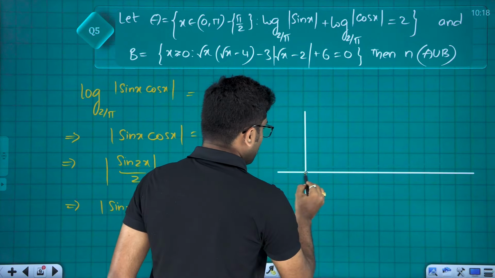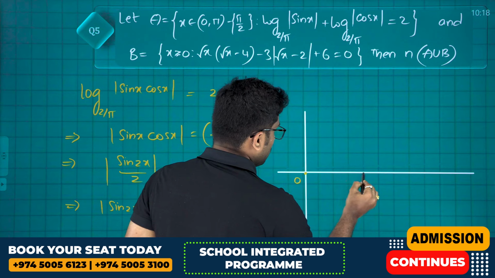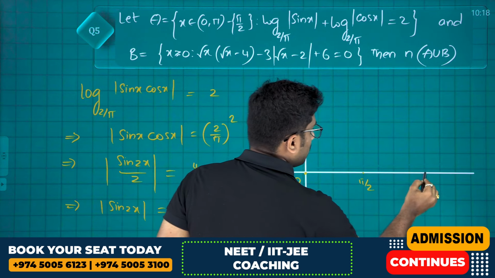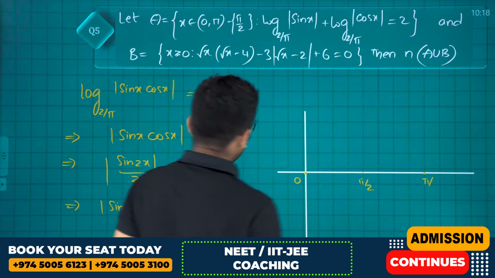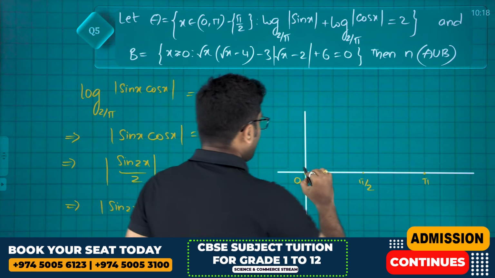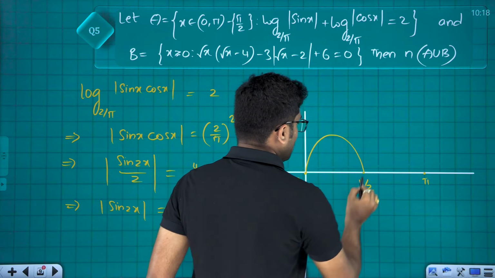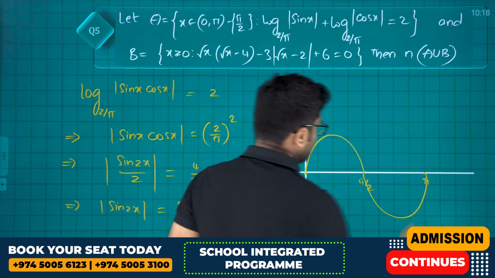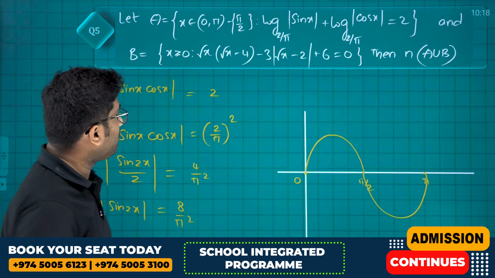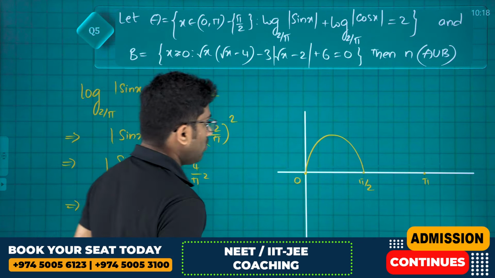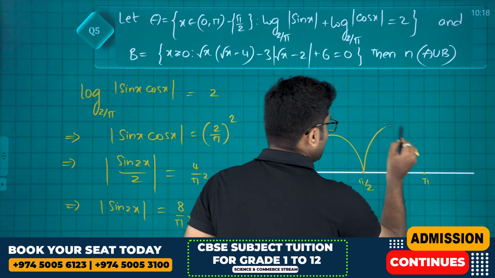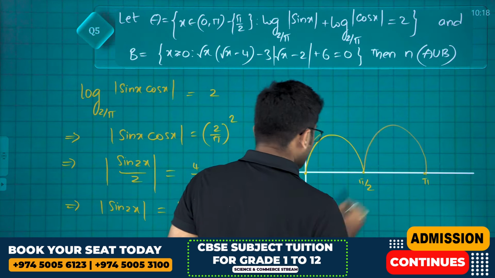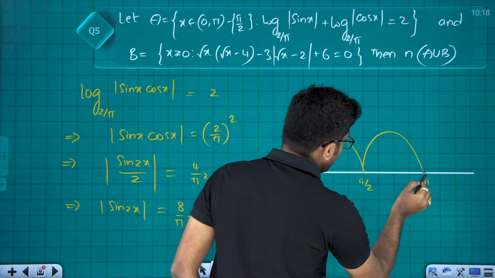From where to where? 0, pi by 2, pi. So the graph of sin 2x is generally like this, and we'll get one more like this. This is the graph of sin 2x, but we need mod sin 2x. So this is our y is equal to mod sin 2x.